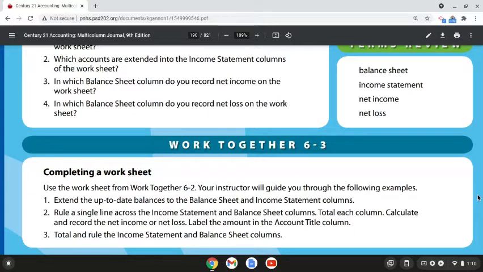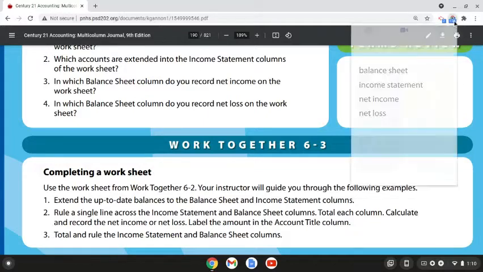Number 2, rule a single line across the income statement and balance sheet columns, total each column, and calculate and record the net income or net loss, and also label the amount in the account title column. And for number 3, total and rule the income statement and balance sheet columns. Okay, so now that I've read over the instructions, let's jump right into the 6-3 work together.